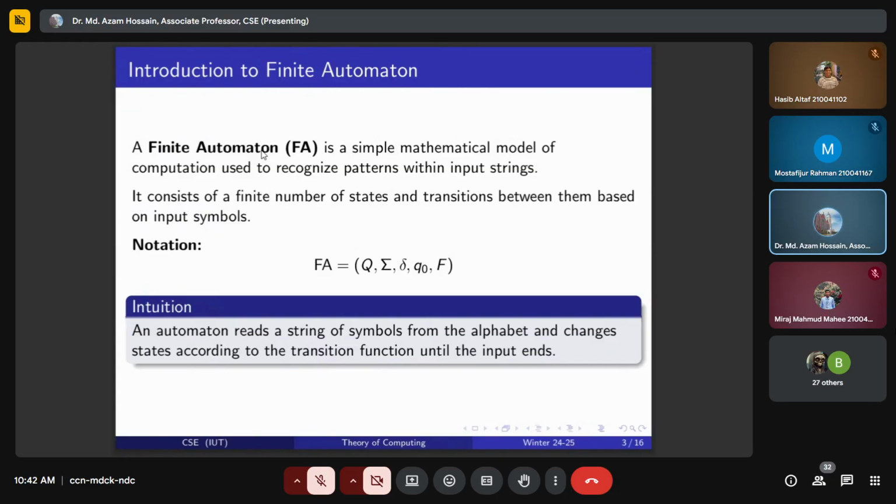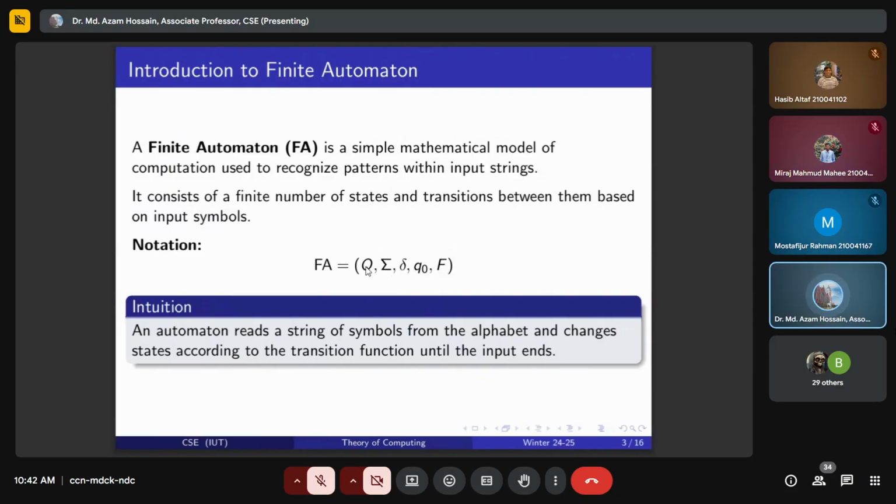And this string actually means the problem statement or instance of a problem encoded as a string. And we know that the finite automata or finite state machine consists of a number of finite states and transitions. The finite state machine and finite automata are both the same. It has 5 items or 5 tuples.